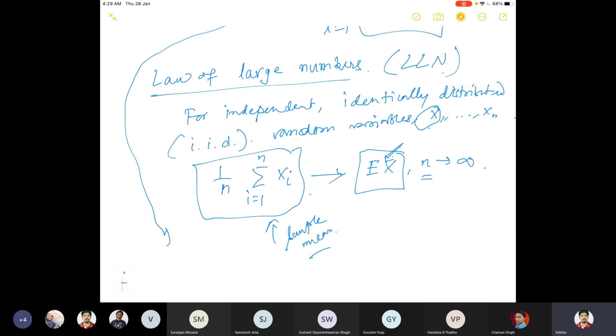You take each of x1, x2, xn, take the sample and then do the average. This will be approximately equal to the expected value of X itself. But x1 and x2 could be different. So this is very, very interesting. You can read about this.